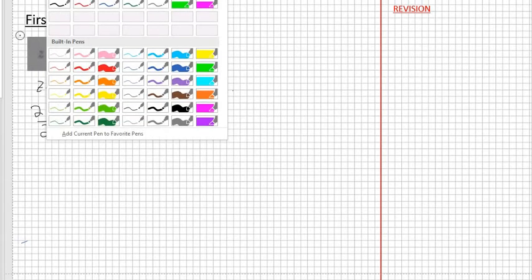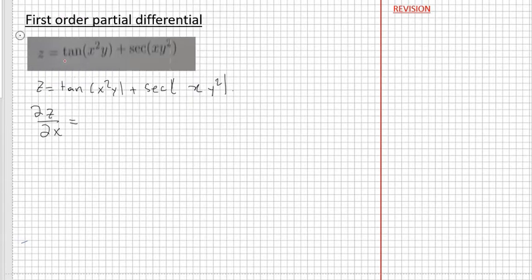So here you can see that we have the first term and the second term. So we need to derive the first term with respect to x plus we apply the derivative to the second term again with respect to x.